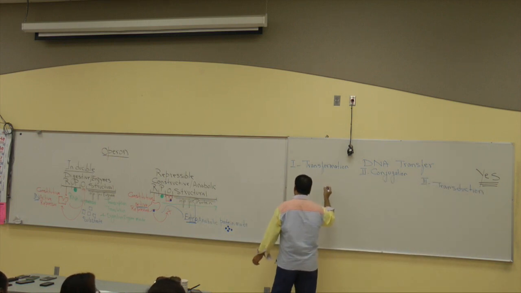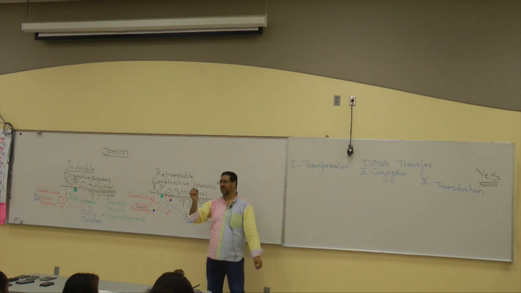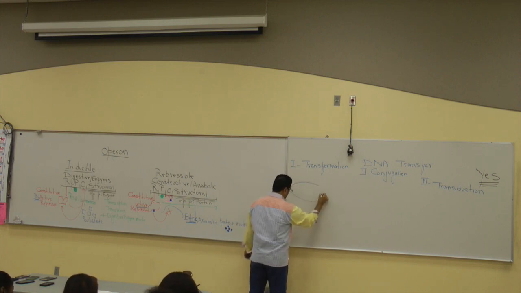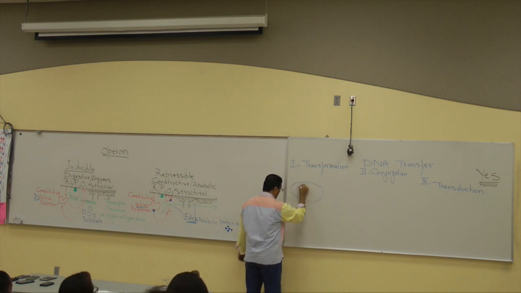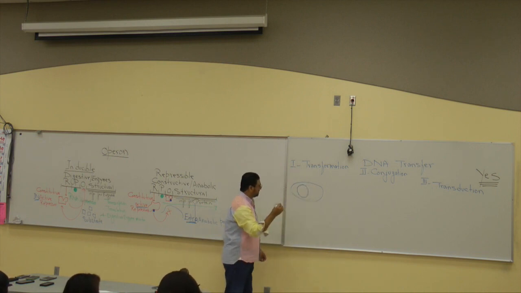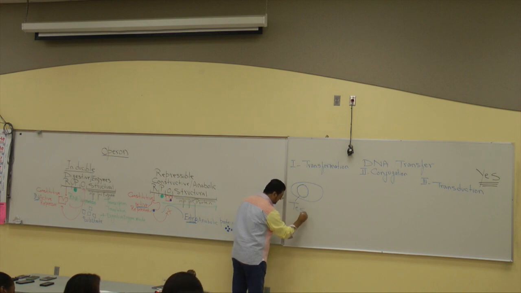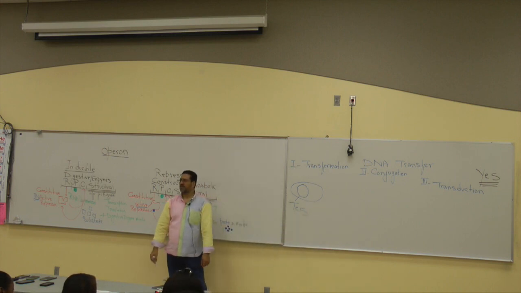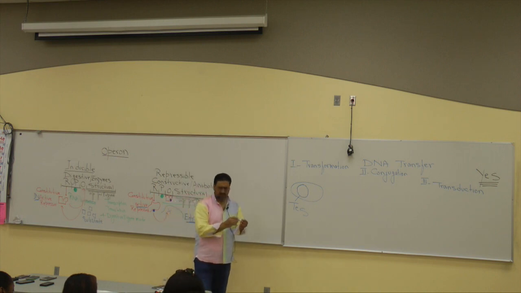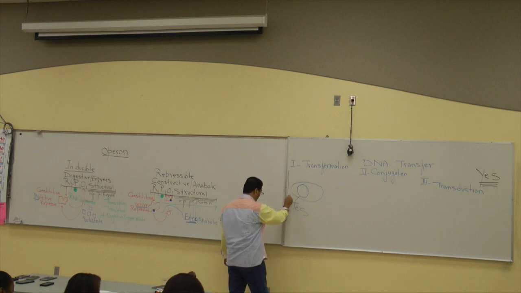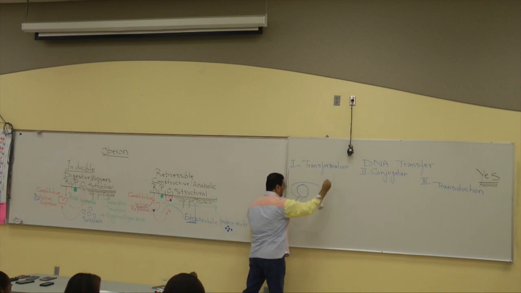Transformation. How many metabolically active bacteria do we need? One. So you have one metabolically active bacterium. It has its own chromosome. This bacterium happens to be tetracycline sensitive. It's growing in a test tube.